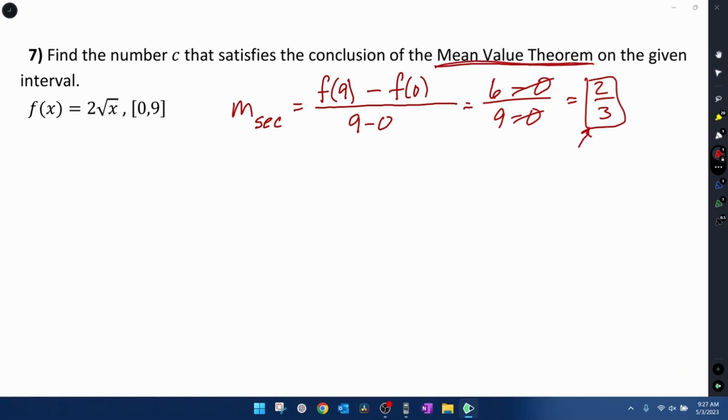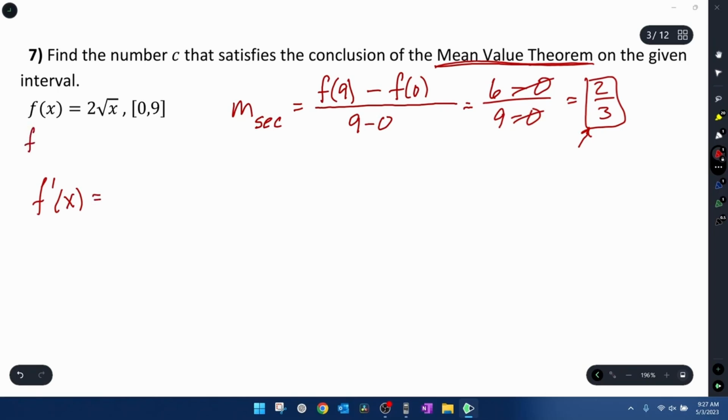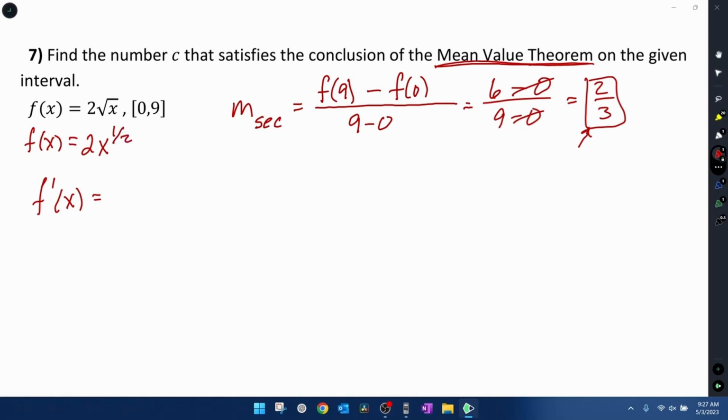Now, how do you find the slope of the tangent? Well, you need the derivative. And so we're going to have to calculate f prime of x. The best way to do that in this case, since we have a radical function, is we're going to rewrite that as 2x to the 1/2 and then use the power rule. So we say the 1/2 times 2 is 1.